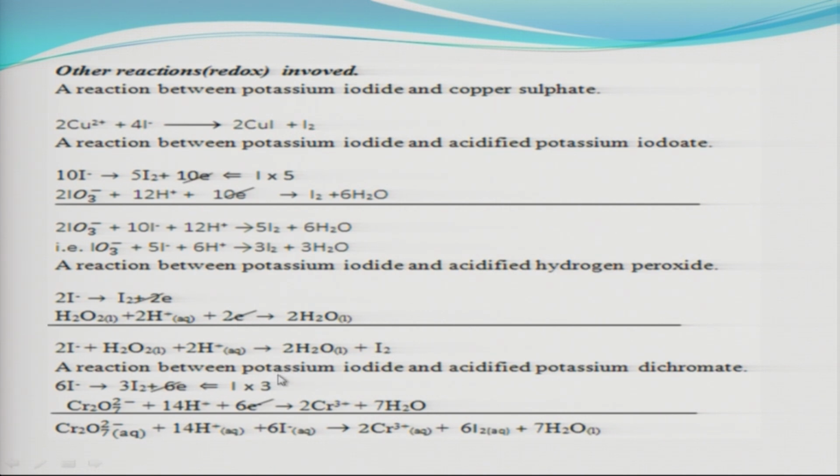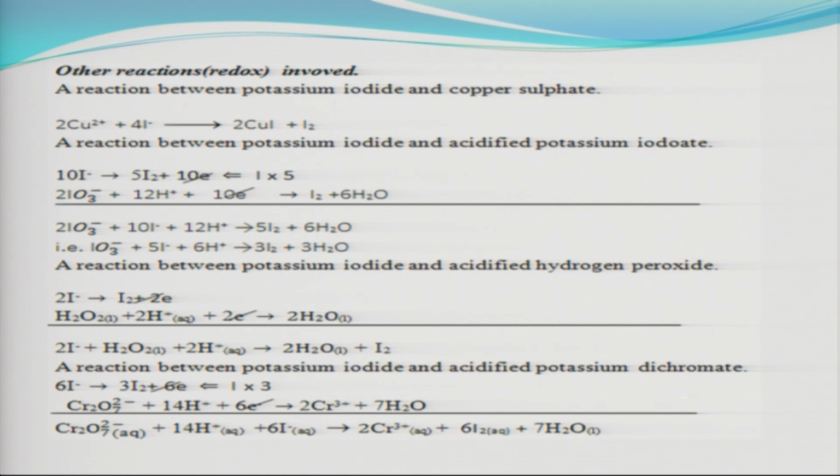Then we have the reaction between potassium iodide and acidified potassium dichromate. In our previous lesson, we have looked at this. It's an example of a redox reaction also. So you'll observe that in our equations, we shall always have two types of redox reaction. We shall have this one and one of those you see on the screen.